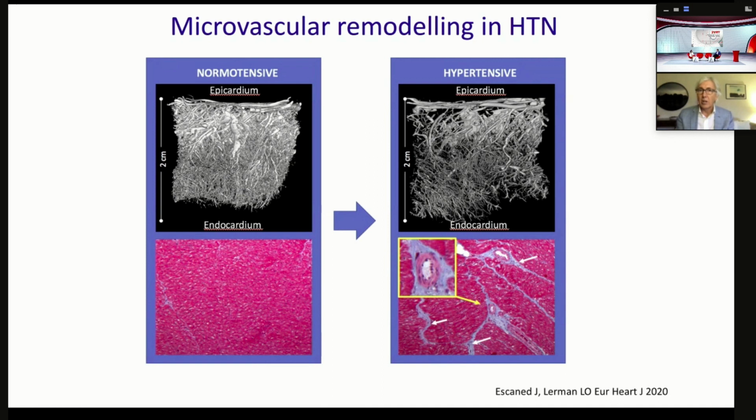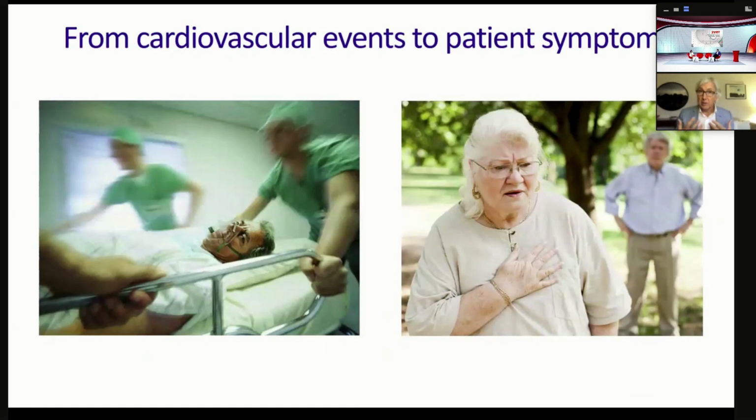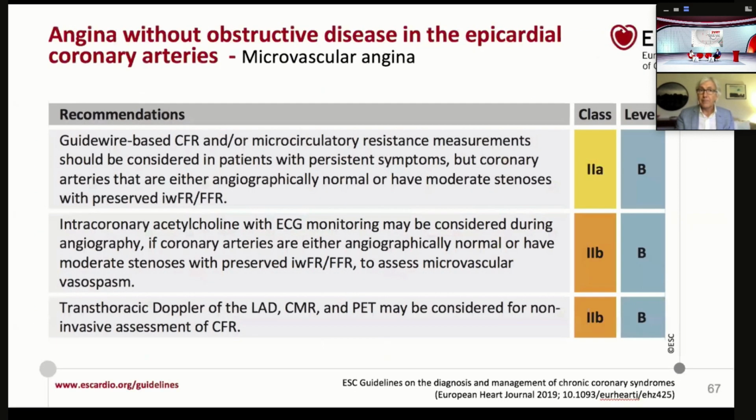So in hypertensive coronary arteries, in hypertensive heart failure, for example, we know that there are problems in the microcirculation, but we know that also there may be concomitant changes in the structure of the myocardium, which perhaps are not reversible. We don't know. But what we know, and this is very important, is that we can help patients in controlling symptoms, and this is extremely important.